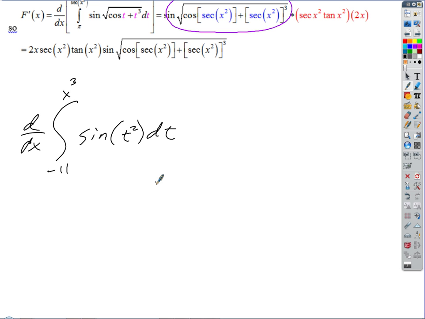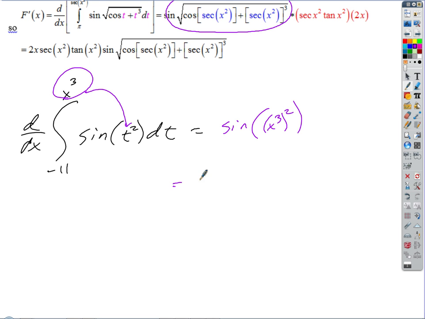So we plug it in. Yeah, so we're going to get two parts, right? First thing we do is plug this in for the dummy variable t. So the first part is just going to be sine of x cubed squared, which is what? x to the 6, right?